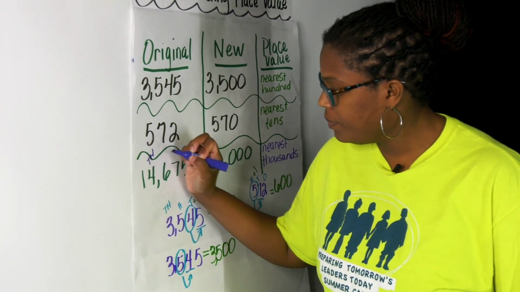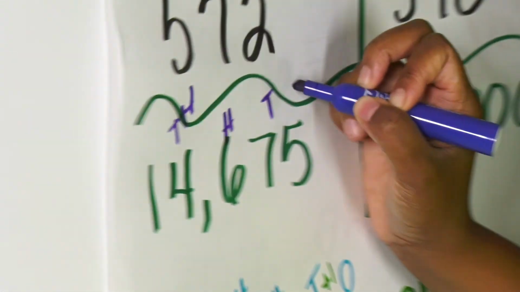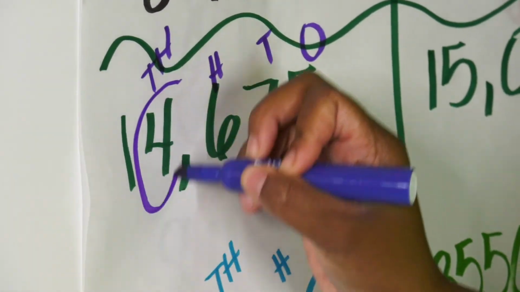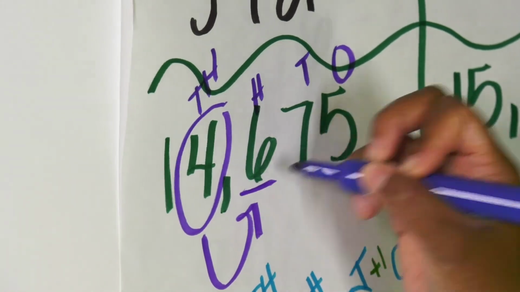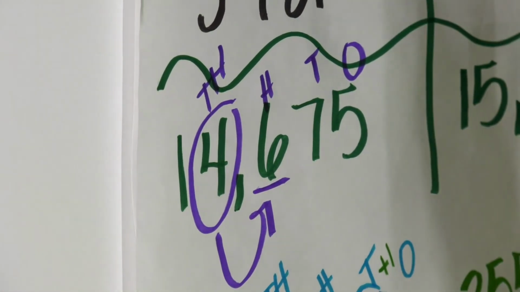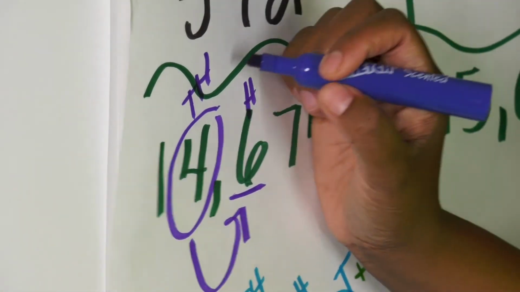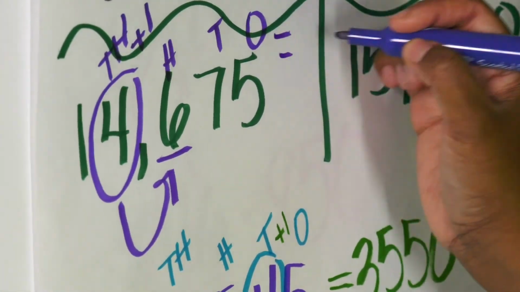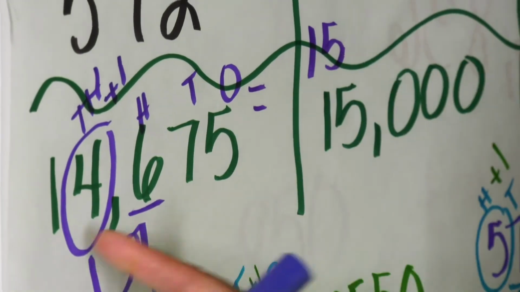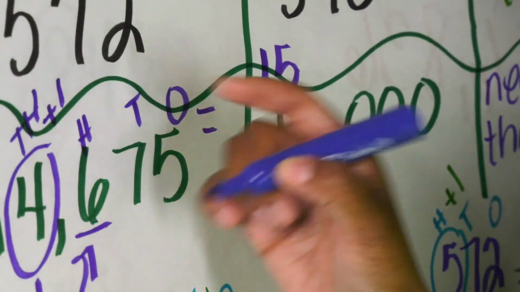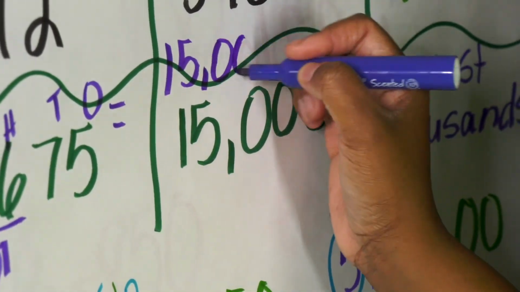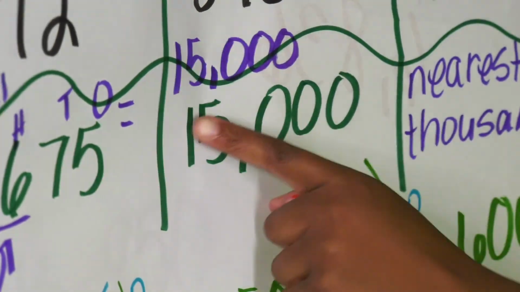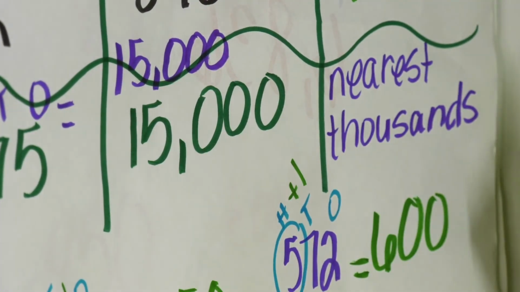Here's my thousand, hundreds, tens, ones. Circle that digit, move to the right, underline. The 6 tells me to add 1 to the 4, and this becomes 15. The 1 stays the same. 4 plus 1 is 5. Every number after it becomes a 0, and that's the same thing.